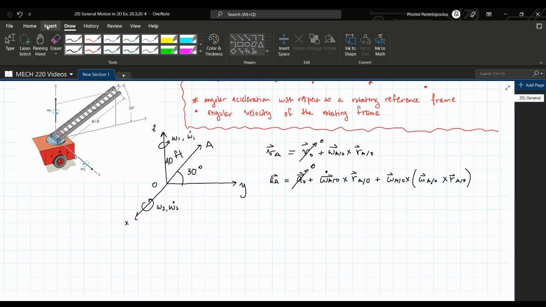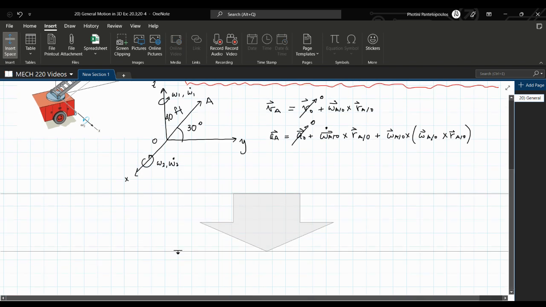Now that we have our problem set up, let's start solving for velocity.